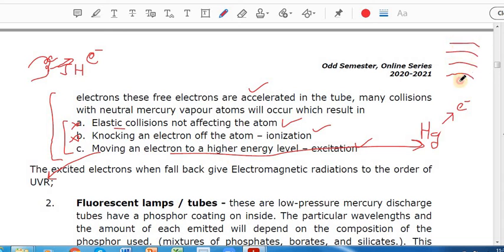So when an electron gets energy it can go to any level. It can go to this level, this level, this level. And now when they come back, they will give three different photons. This level will have lesser energy, this level will have more energy, this will have even lesser energy. So falling from different excited states gives different photons, and we cannot control that.